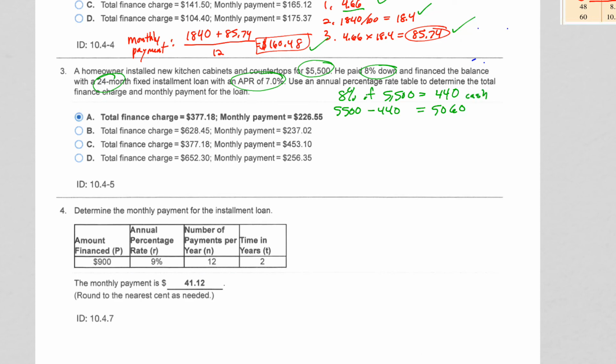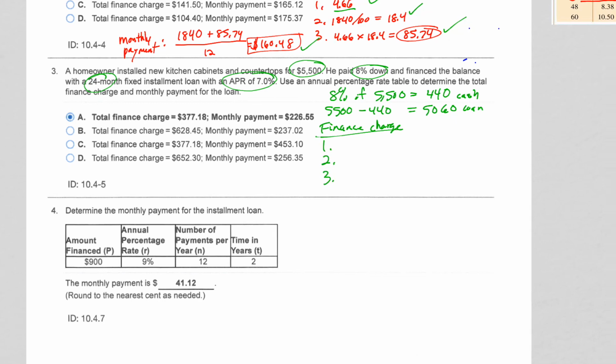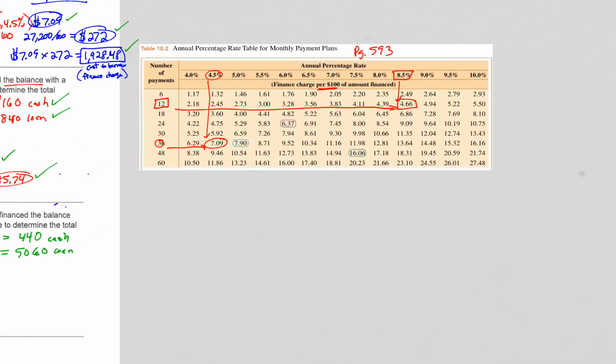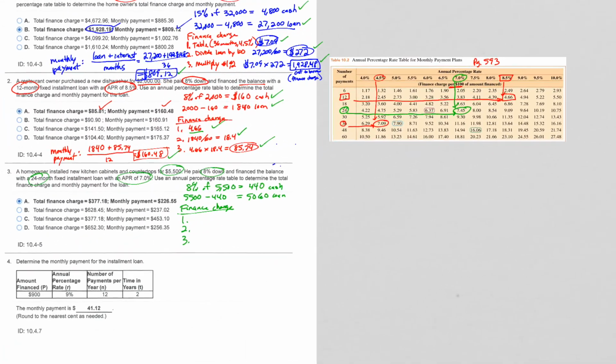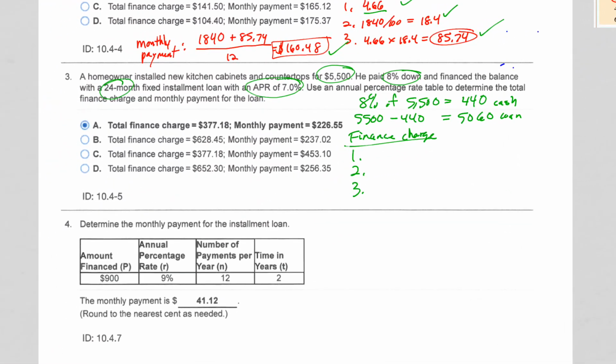So that's going to be our loan right there. So this is the cash, this is the loan. And now we're going to be investigating that amount. 3 easy steps. So we need to go to 24 and 7. 24 and 7 right there. $7.45 per 100.